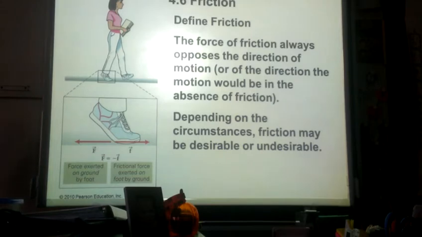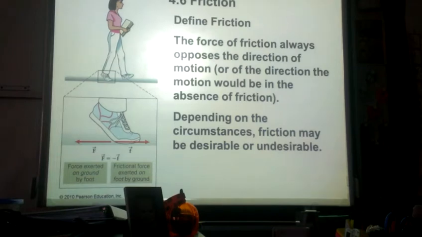Okay, so friction is going to be when an object is in motion on some type of surface or through some viscous medium, and friction is the resistance to motion. It's the force that is resisting motion. Some of you want to call that inertia.